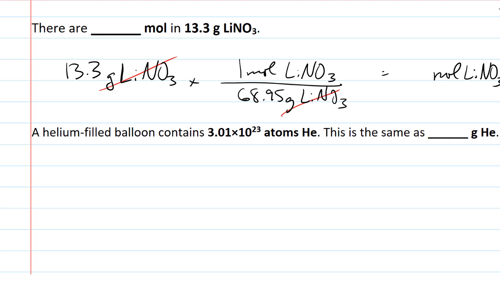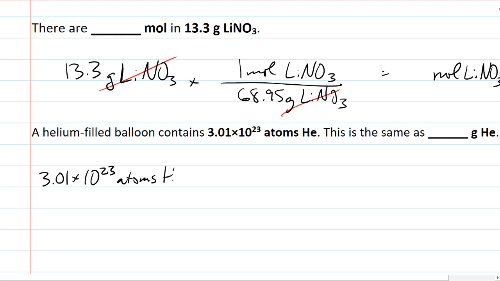What is it we're given in this problem? Atoms. How many atoms? 3.01 times 10 to the 23rd. Remember, you always start off with what we're given. So in this case, we're given the number of atoms of helium. What is it we're looking for in this problem? Grams of helium.